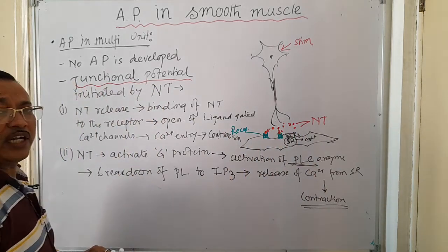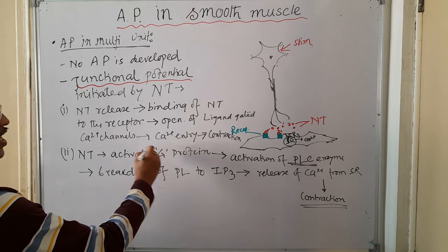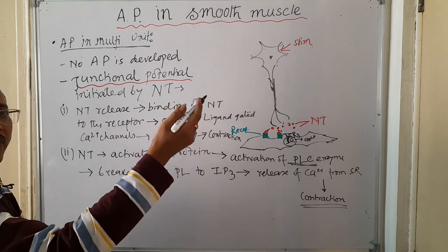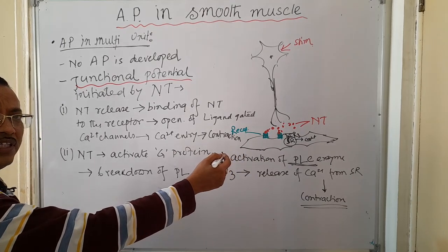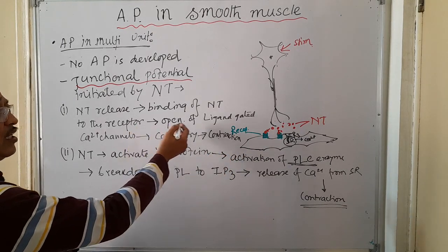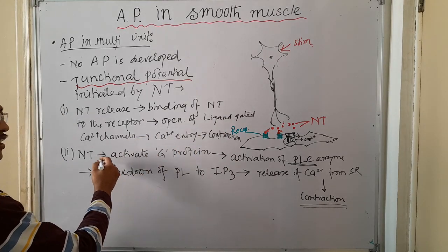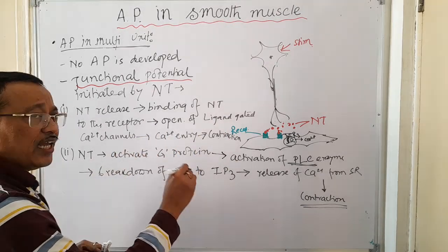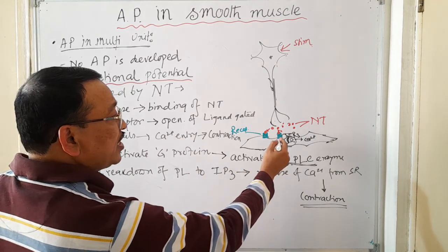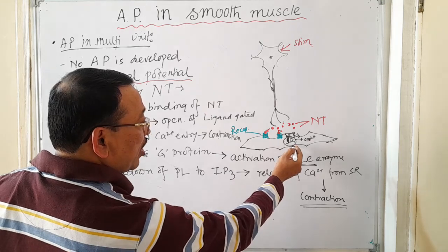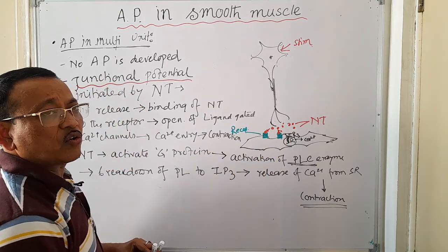So contraction of multi-unit smooth muscle is initiated by the release of the calcium ion from the sarcoplasmic reticulum. By these two mechanisms, one is the calcium entry from the extracellular surface into the cell itself, induced by the opening of ligand-gated calcium channels, and secondly, the neurotransmitter is directly responsible for release of the calcium ion from intracellular storage, that is, the sarcoplasmic reticulum.